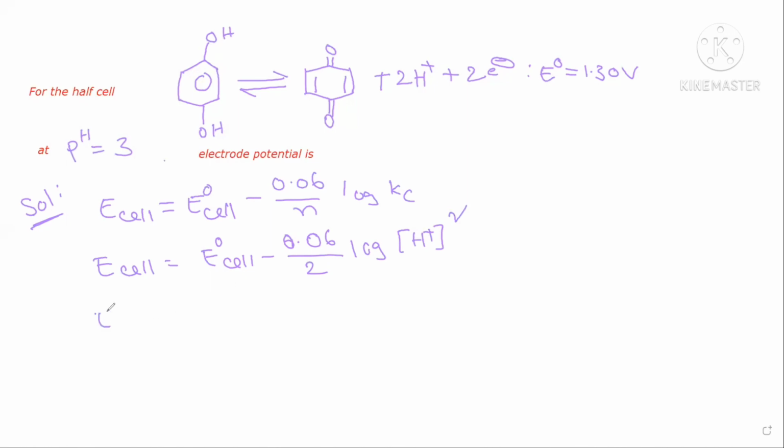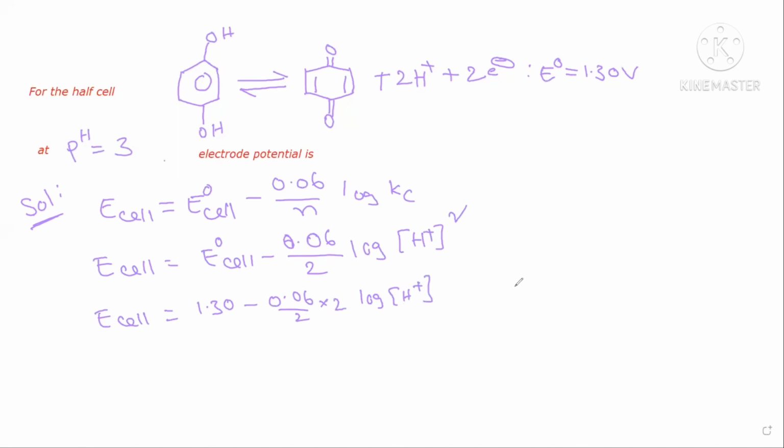So E cell is equal to E naught cell, given 1.30 volts, minus 0.06 by 2 into 2 into logarithm of H+ ion concentration.